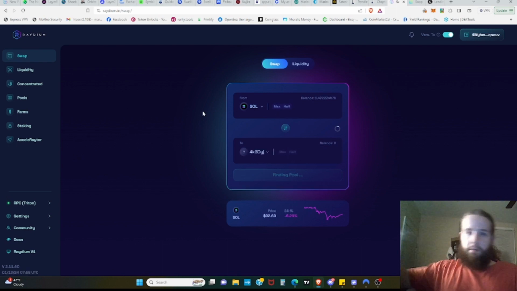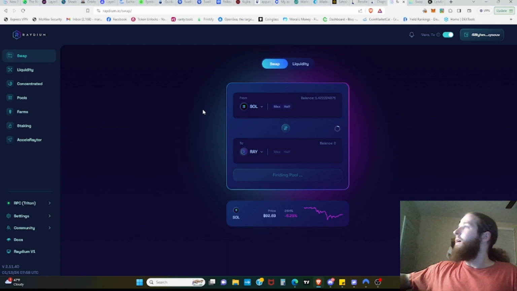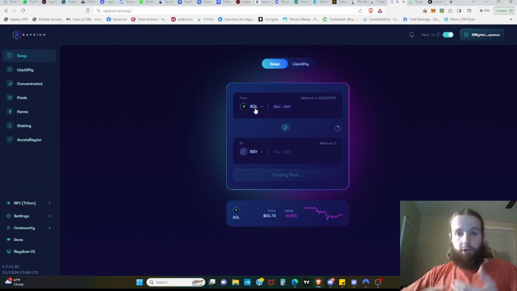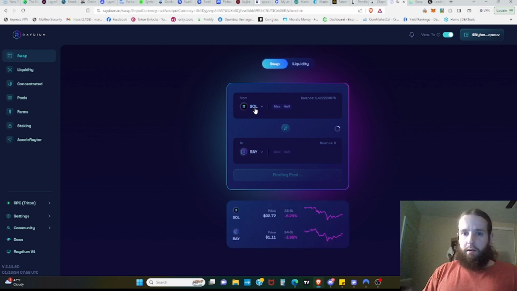So the beautiful thing about DEXs is that it gives you the power to transact, one, with extremely low transaction fees on Solana, that is, and it allows you to swap between different assets without having to use fiat necessarily, or other issues that come up when using centralized exchanges.